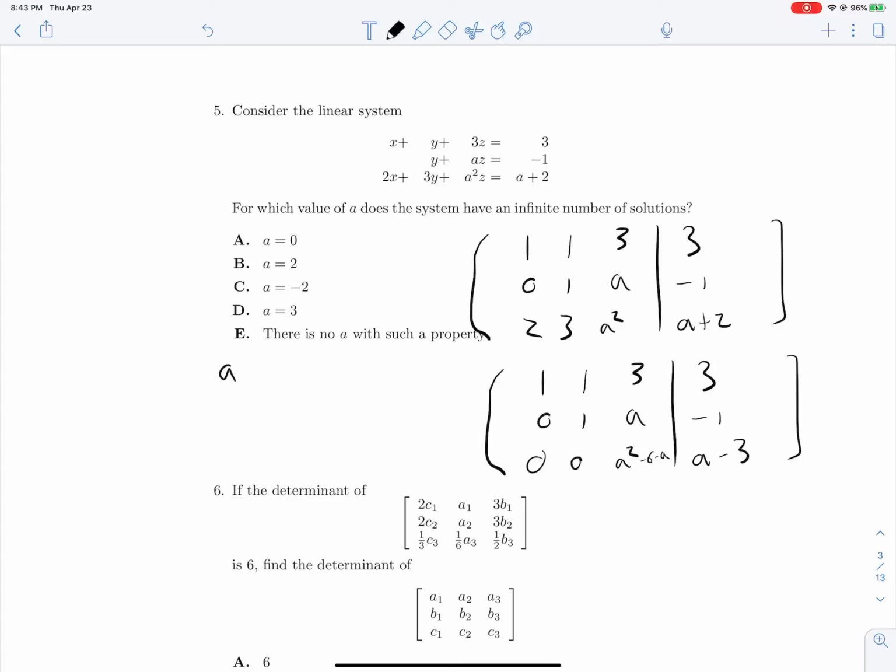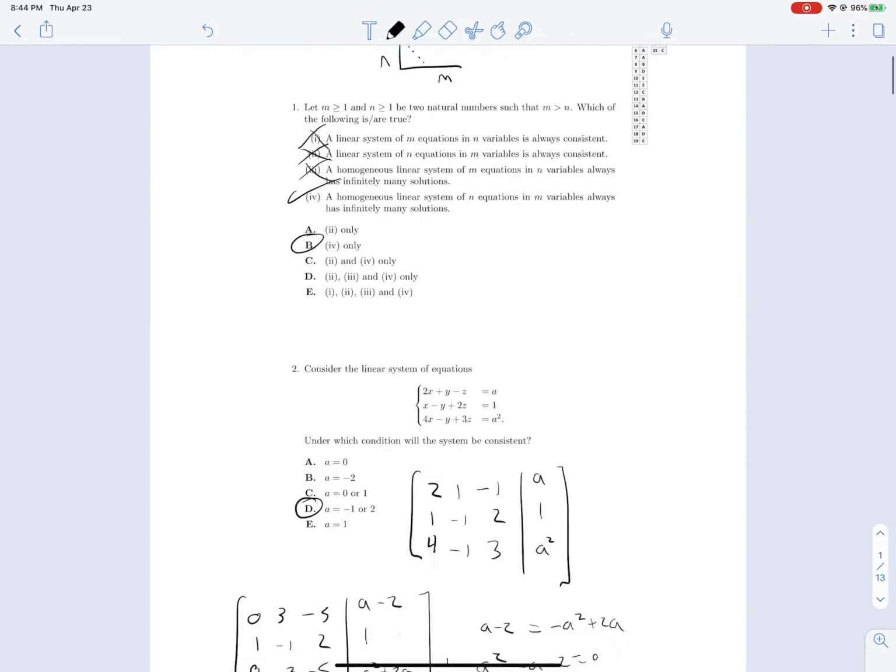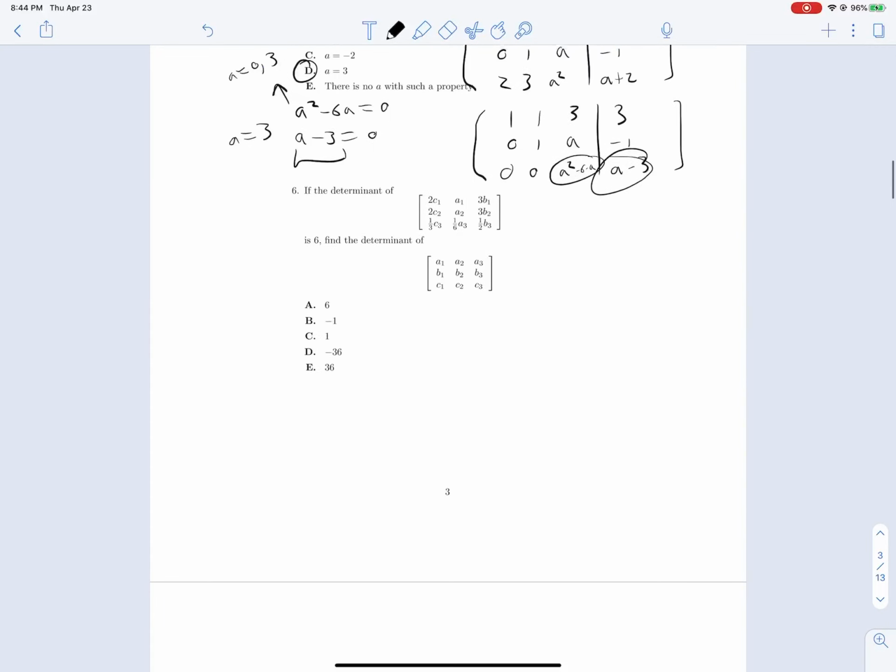As a result, a squared minus 6a must be equal to 0, but also a minus 3 must be equal to 0. So up here we'll get two roots, A is equal to 0 and 3, but here we only get a is equal to 3. So the only value of a for which both of these entries is 0 is a equals 3. So 5 is D.